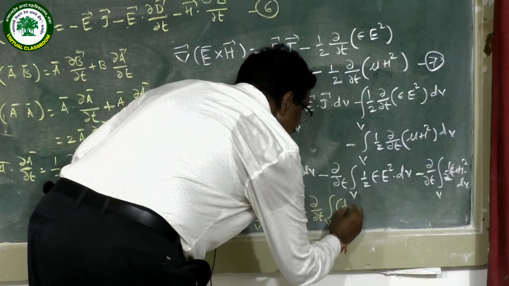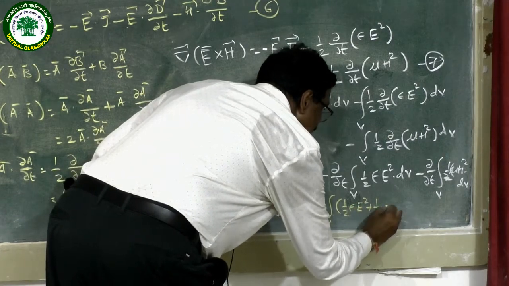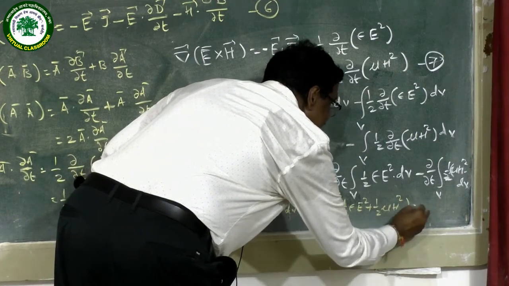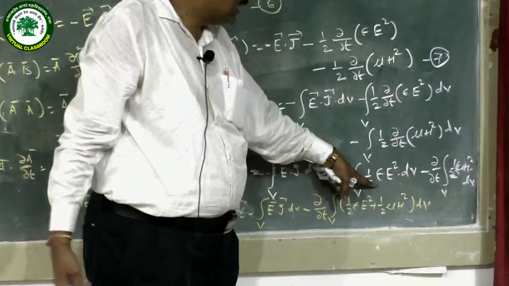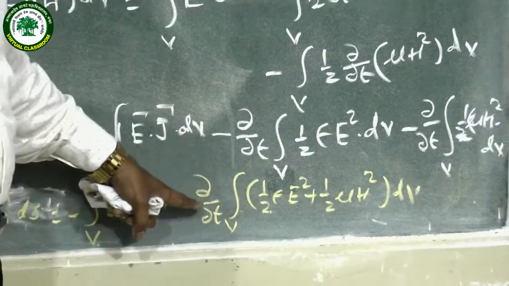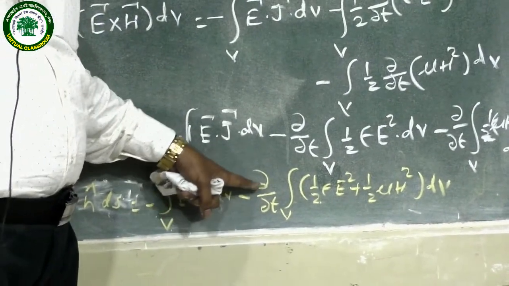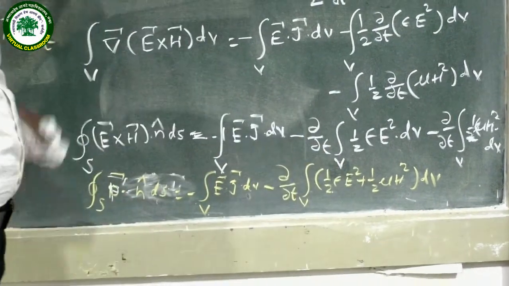One is 1/2 of epsilon into E square, while the second term is 1/2 of mu H square, into dV. That means the energy stored in the electric field and the energy stored in the magnetic field are summed, and so we get a new term here, the negative rate of change of electromagnetic energy. So this is the Poynting vector theorem.